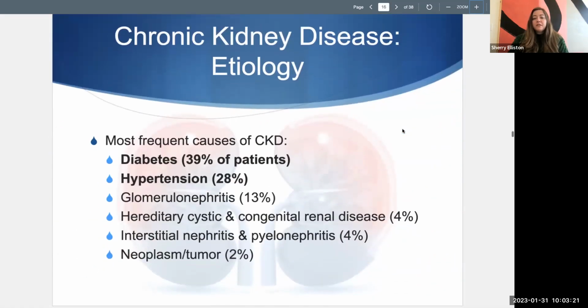Okay, so make sure that you make note of this, that the most frequent causes of CKD are diabetes and hypertension. Again, I really like to emphasize that it's uncontrolled diabetes and uncontrolled blood pressure.